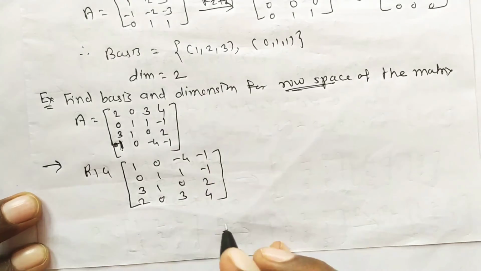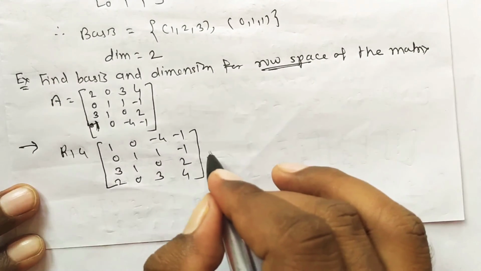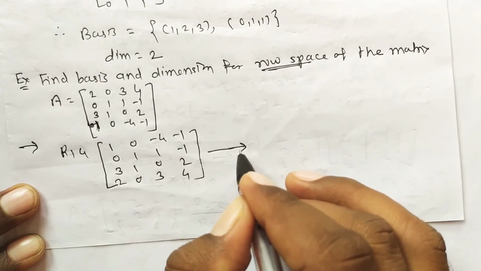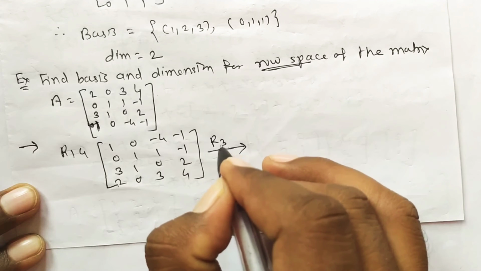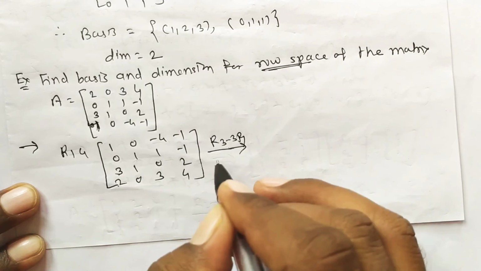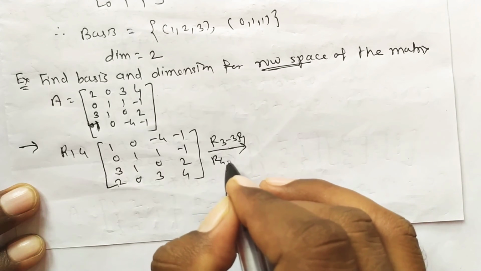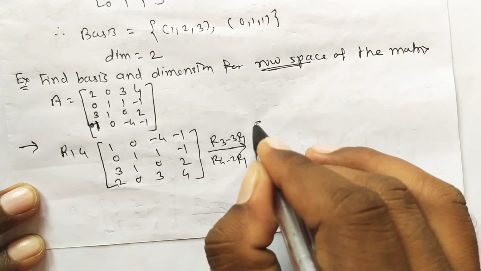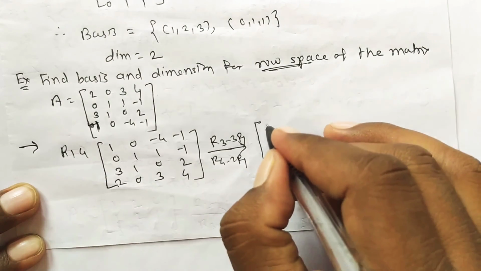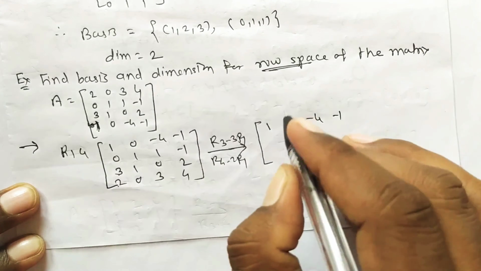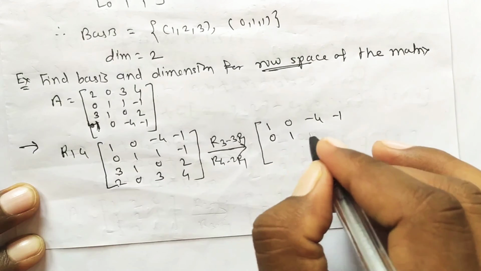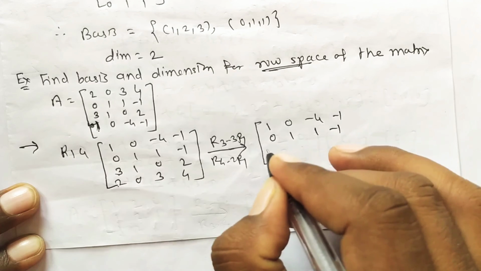Now we have to convert this matrix to canonical form using only row operations. So we want zeros here, so use the operations R3 minus 3 times R1 and R4 minus 2 times R1.